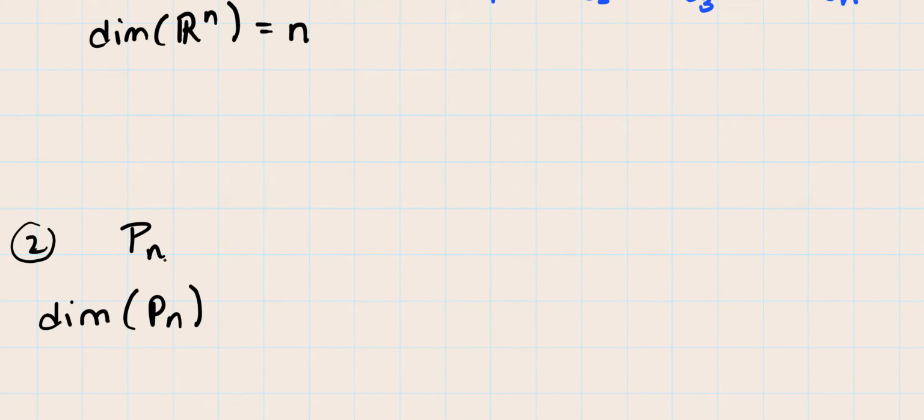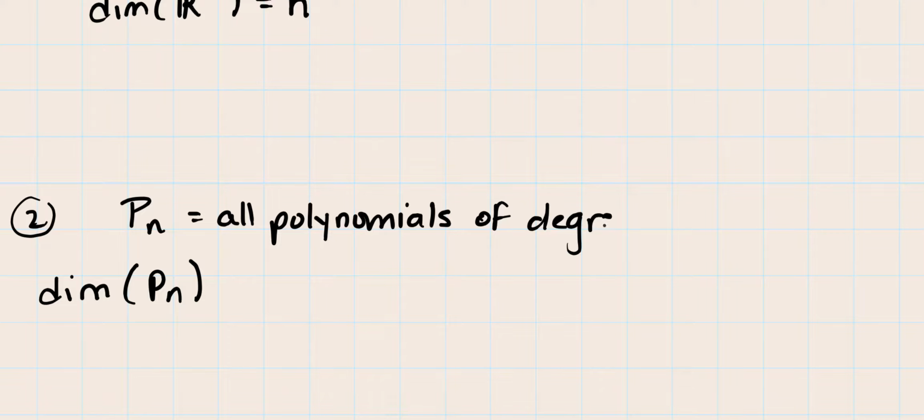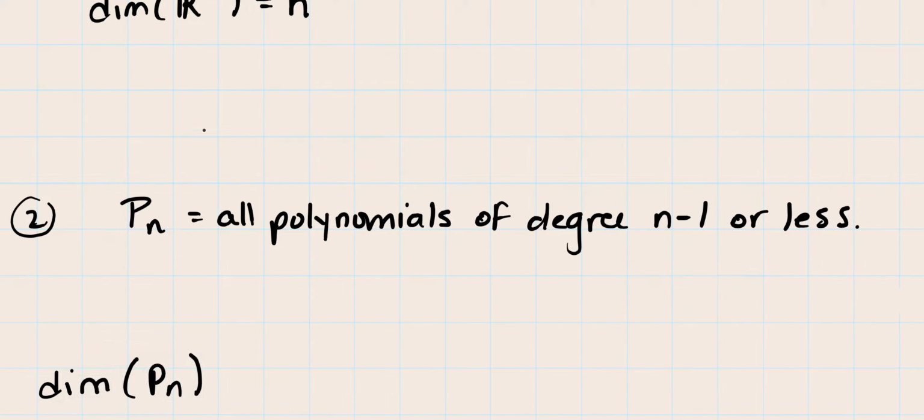For P sub n, remember that this is all polynomials of degree n minus 1 or less. So in set notation, we can write this is equal to a0 plus a1x plus a2x squared, and so on.